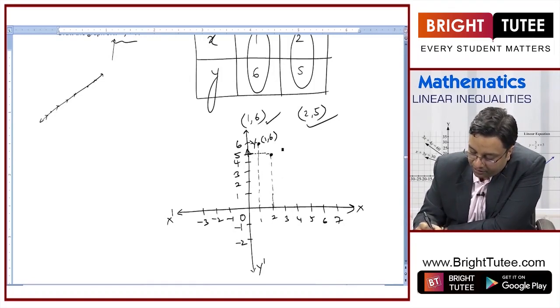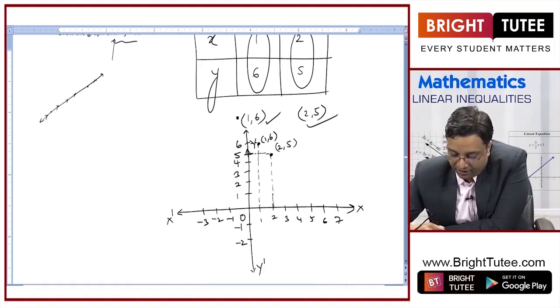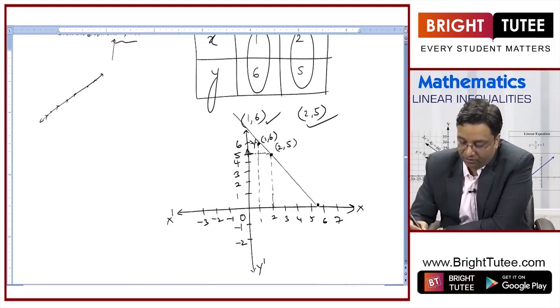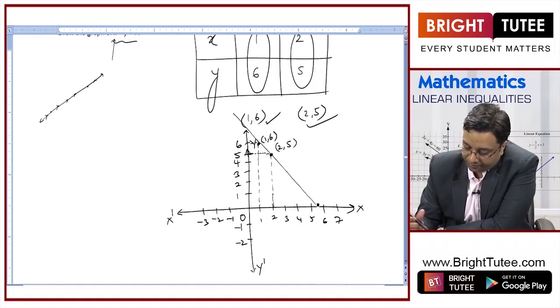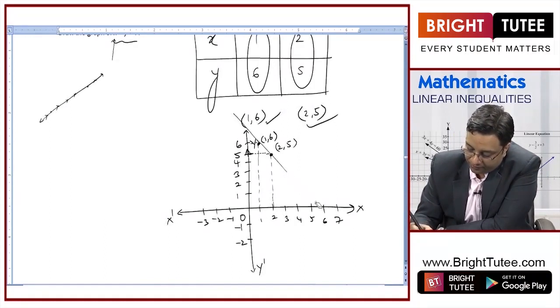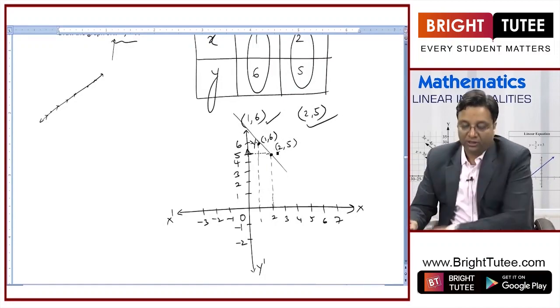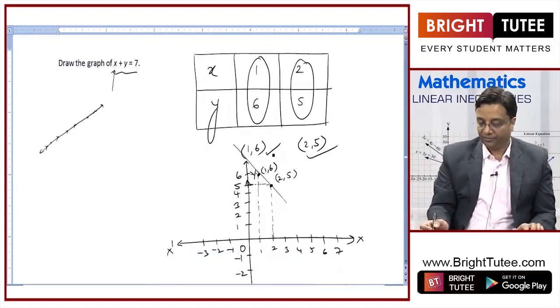So this will be the point (2, 5). Now I can easily draw this graph by joining these points, and this will be a straight line passing through these 2 points.